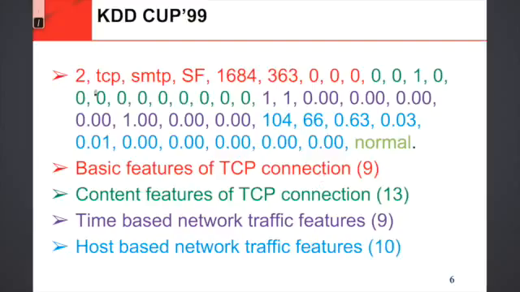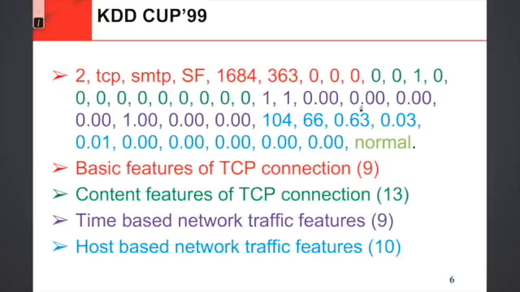The red ones are the most basic features of a TCP connection, like whether it's TCP or UDP, its protocol, and the destination. The green part is the content features of the TCP connection, like the bytes sent to the host and sent from the host.